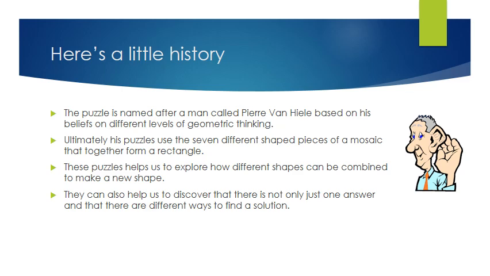Ultimately, his puzzles use the 7 different shaped pieces of a mosaic that together form a rectangle. These puzzles help us to explore how different shapes can be combined to make a new shape. They can also help us to discover that there is not only just one answer and that there are many different ways to find a solution.